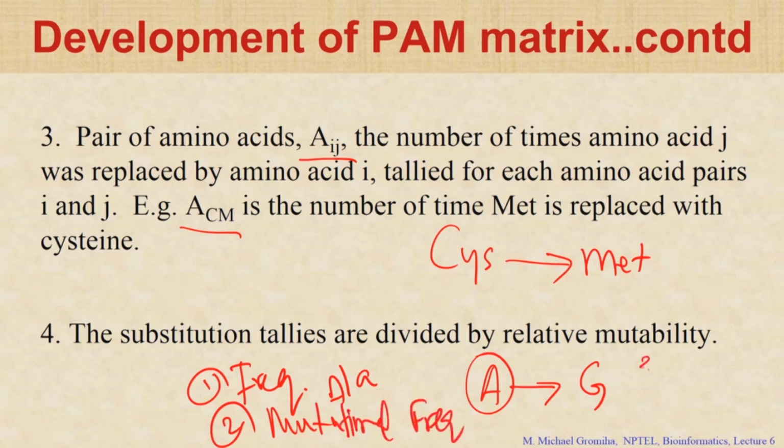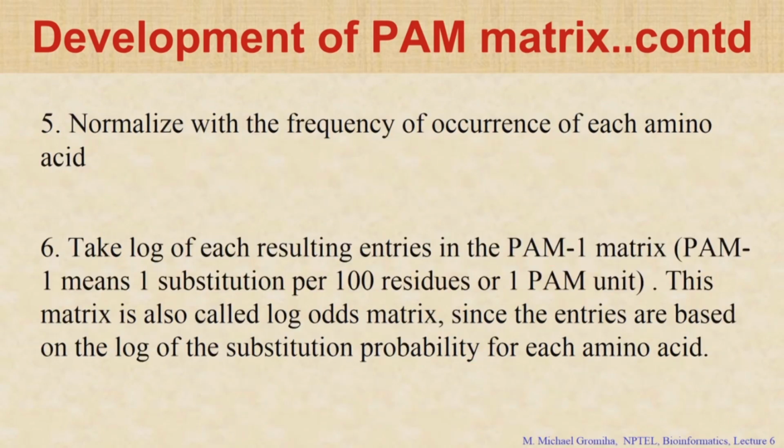Then how the specific pairs behave: what are the preferred specific mutations, for example the mutation A to G. We need to consider all these aspects. Now we normalize the frequency of occurrence of each amino acid and finally take the log of each value, and this will give you the PAM matrix.